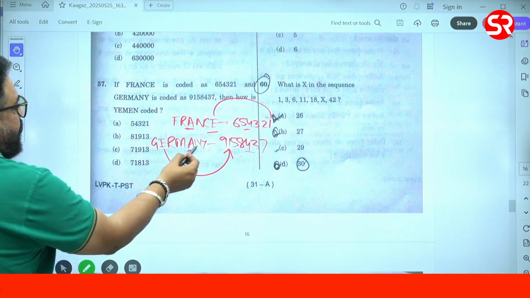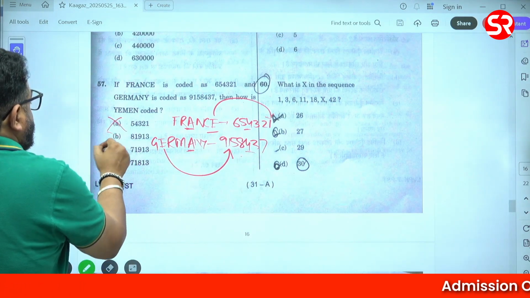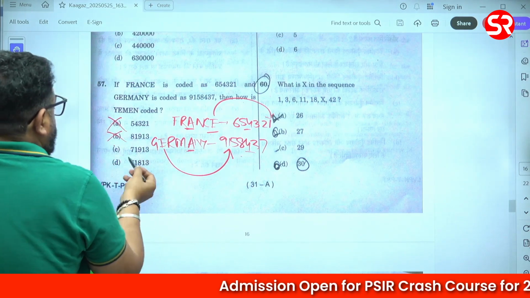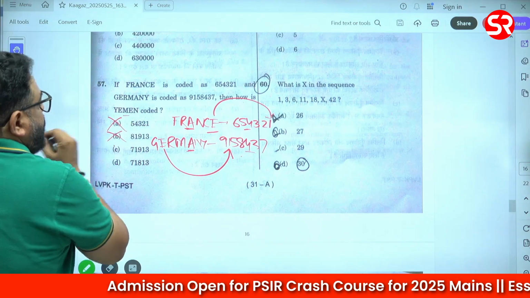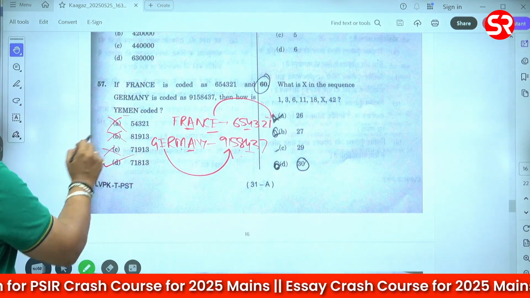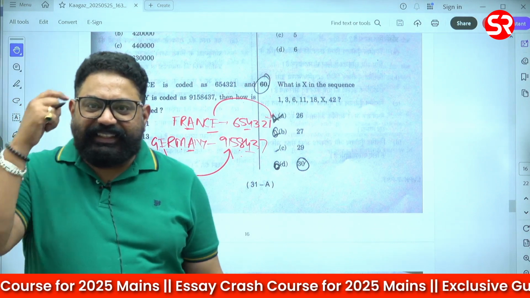So what is Y? Y is 7, so answer should start with 7. What is E? E is 1, 7 1 दो है, ठीक है. What is M? Just what is M? 8. यार ये तो हो जाना चाहिए था तुम्हारा. This is a very very easy question.